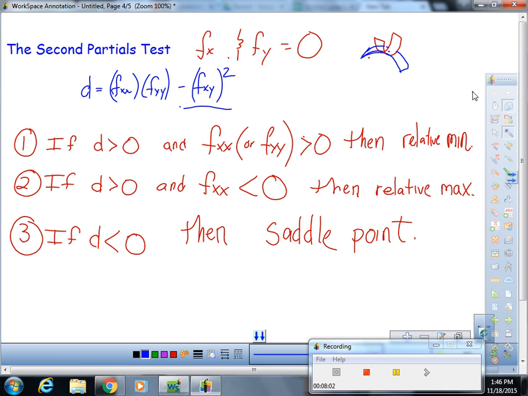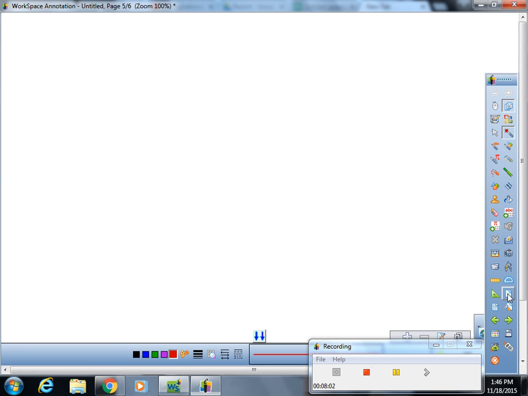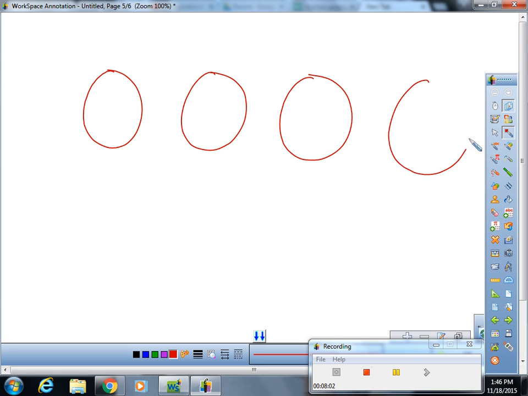And then we have our 4th rule, and that is if D is 0, then the test fails. Now, there's a little group of pictures that you can use to help you remember them. And the book calls them pigs. The 4 pigs.